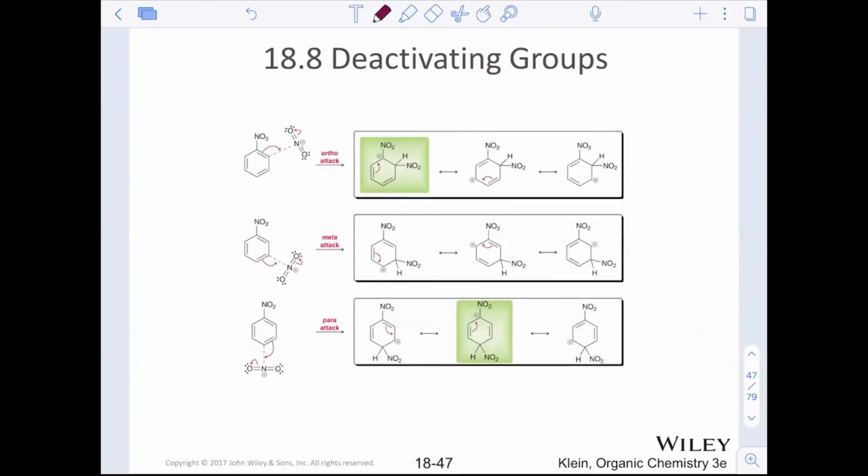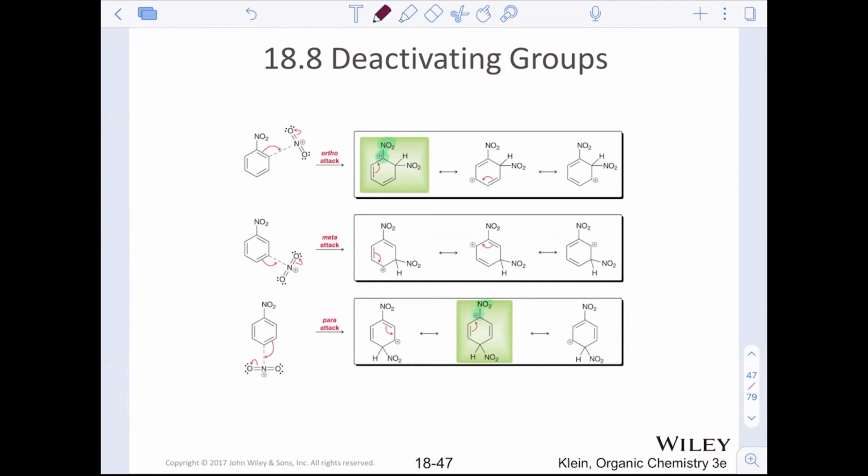For the same reasons as before, the carbocation gets put on the adjacent atom to the group, the electron withdrawing group now. So that electron withdrawing group getting that positive charge adjacent to it is so destabilizing that we do not see ortho or para.